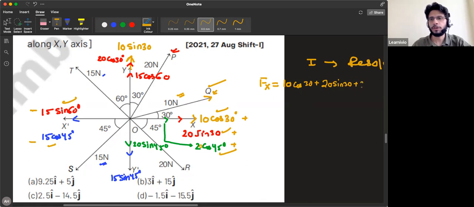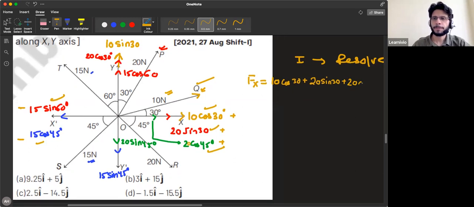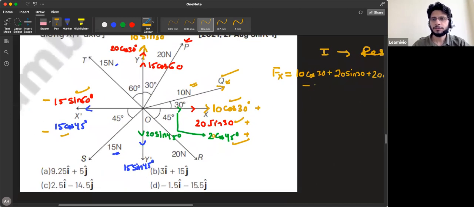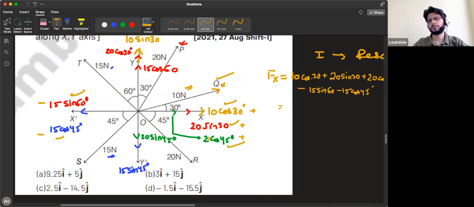Similarly, this is 20 cos 45 minus 15 sine 60 minus 15 cos 45. Okay, now just tell me the values. How much is cos 30? Cos 30 is root 3 by 2.